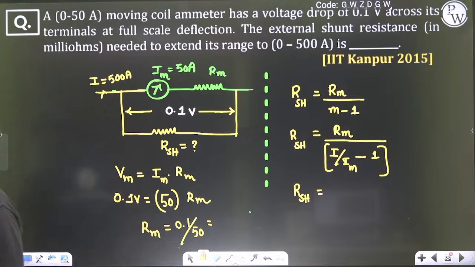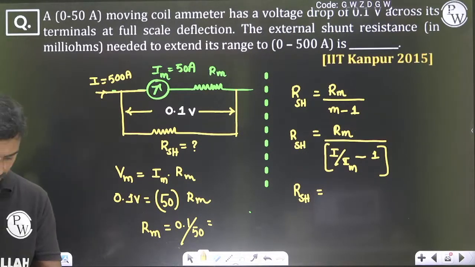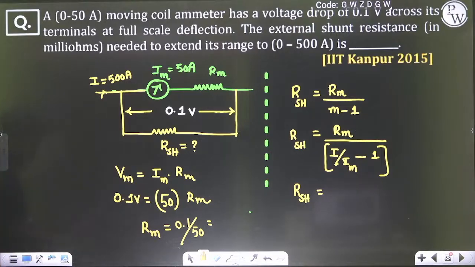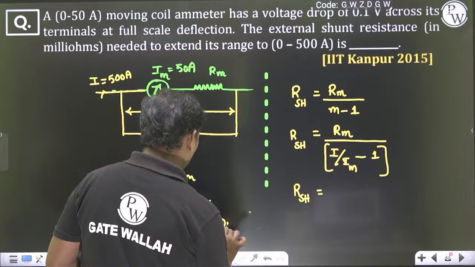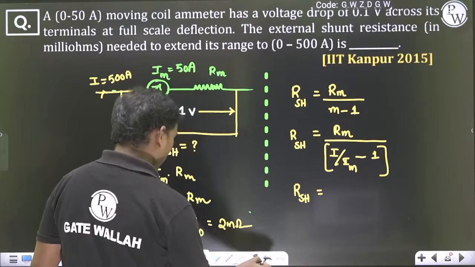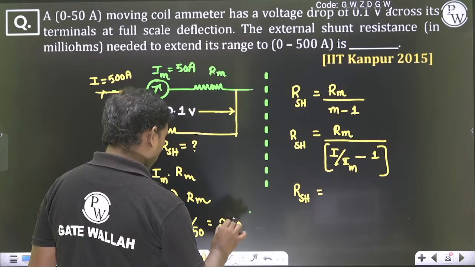Use a calculator here. 2 milliohms, 2 into 10 power minus 3.